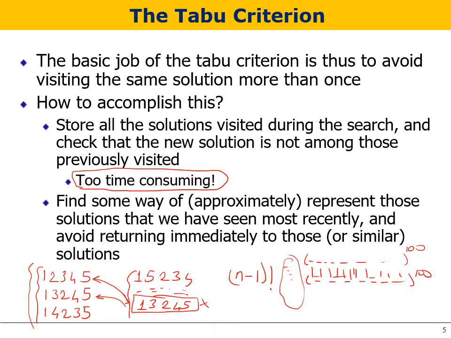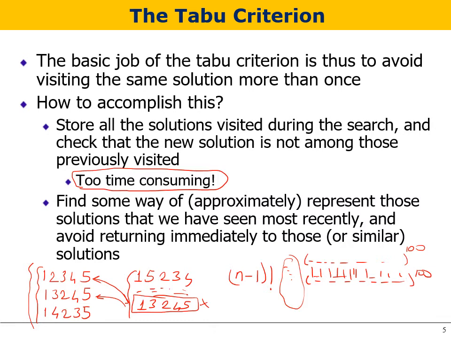The most important thing is time. We want a solution in a reasonable time, in a short amount of time. If you design an algorithm which takes longer than the branch and bound method, then there is no logic.